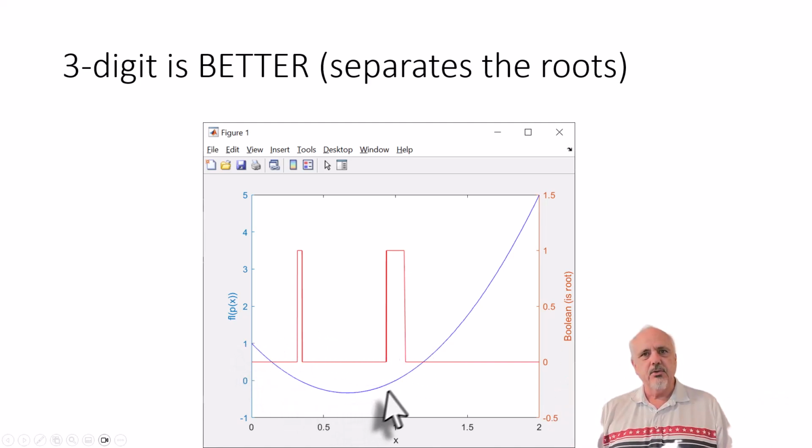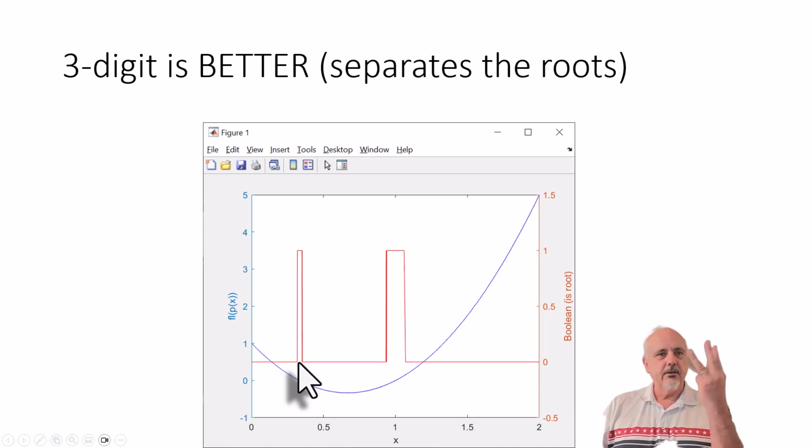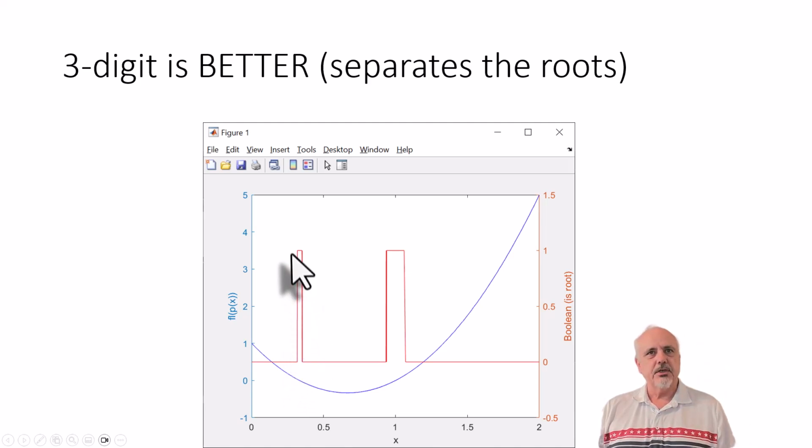All right, so now when I do the 3-digit run, I do the same thing, and you can see how much smoother my unraveled sequence of floating point values will be. And you can see that with the 3-digit system, it very much can capture the actual 2 roots.